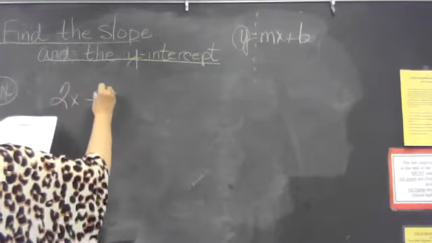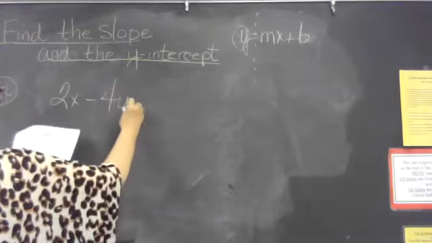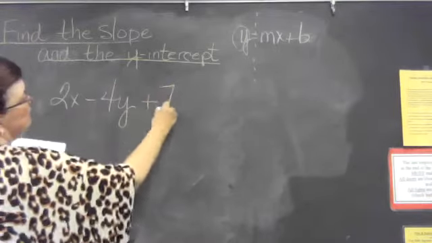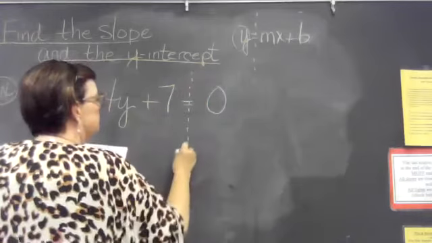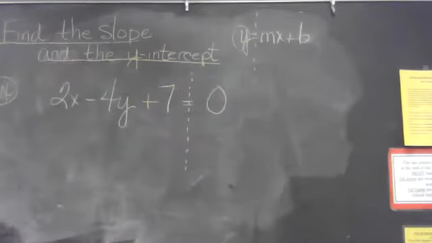2x minus 4y plus 7 equals 0. And this is number 1.